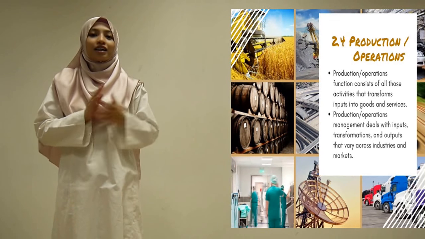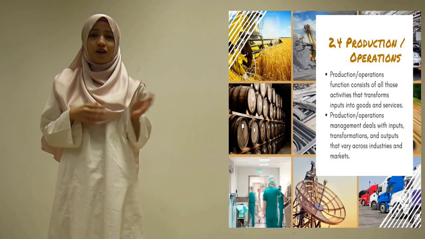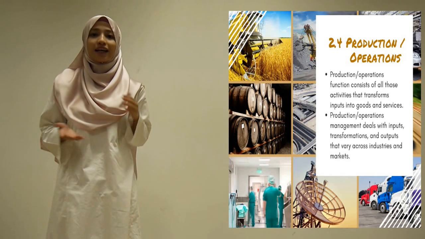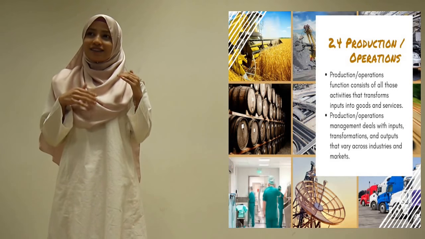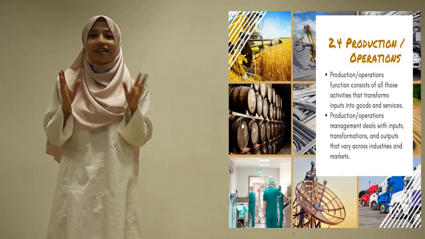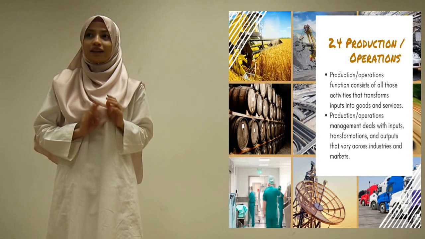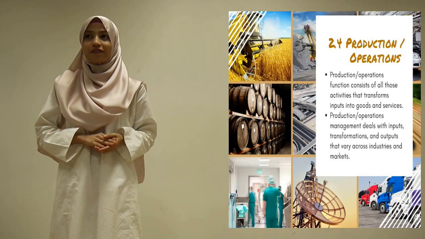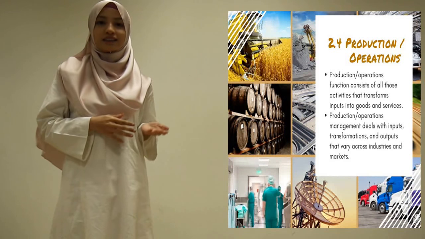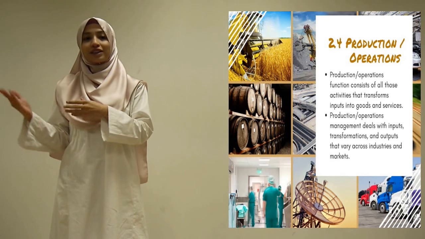Next I will proceed with production and operations. The production and operations function consists of all those activities that transform inputs such as raw material, labor, capital, machines, and facilities into goods or services.